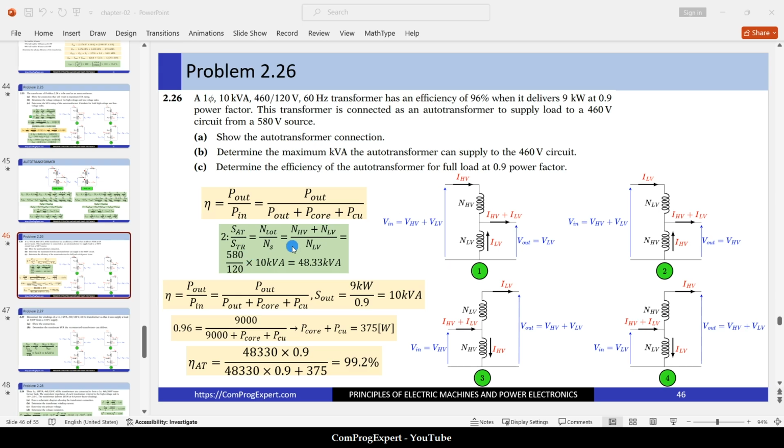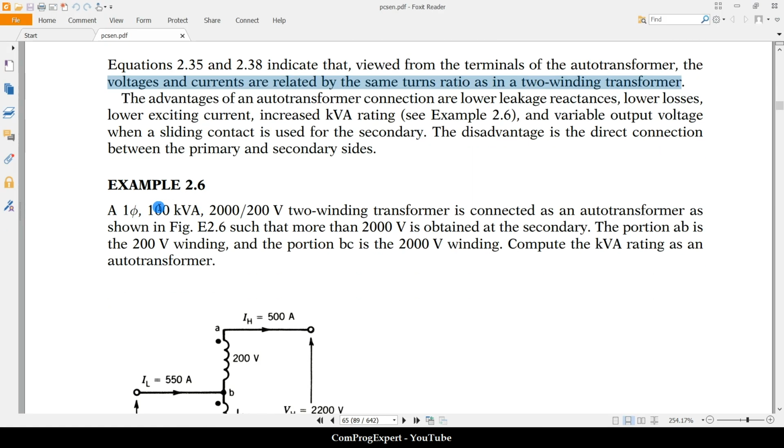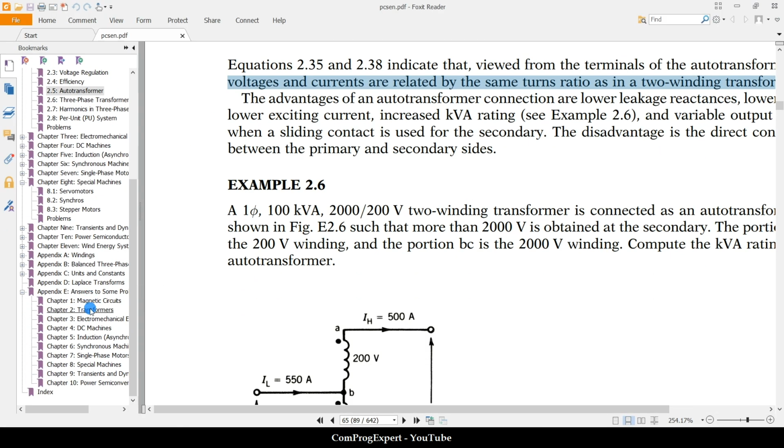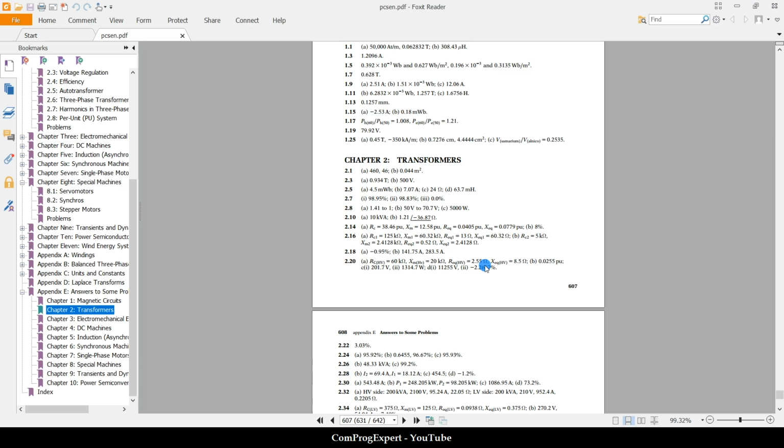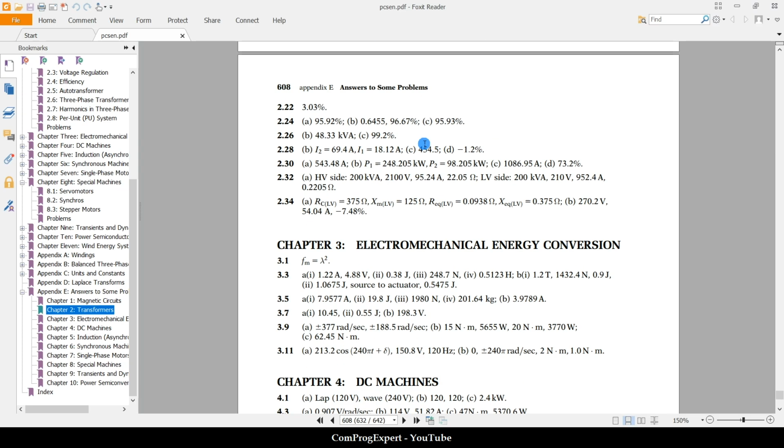We have the direct relationship between the number of turns and voltage. So this is 580 divided by the voltage of the series part, 120. The rated power of the auto transformer is 48.33 kVA. This value, let's check the number from the reference.